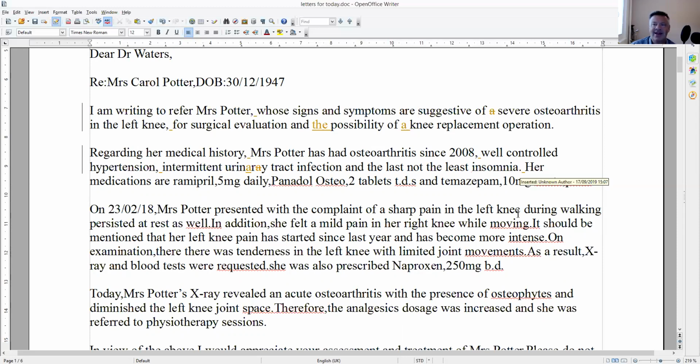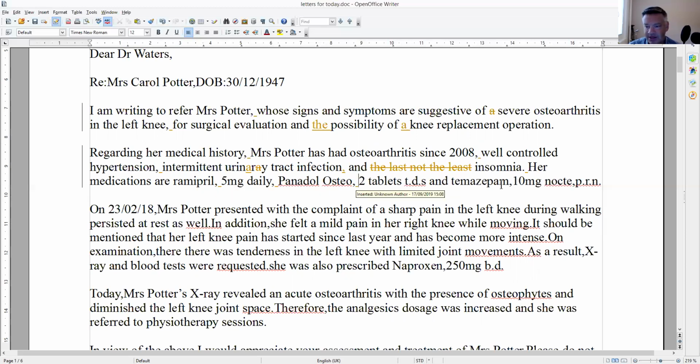That's hardly factual or clinical writing, is it? You know, and last, not least. I wouldn't use that at all. I just put a comma and insomnia, and we don't need that because that is not factual or clinical. Her medications are Ramipril, 5 ml, Pandasol, and so on.